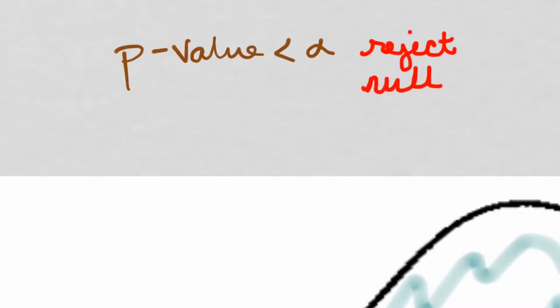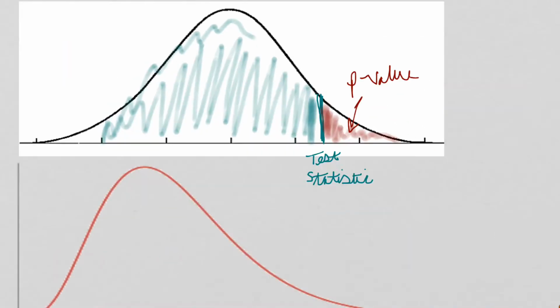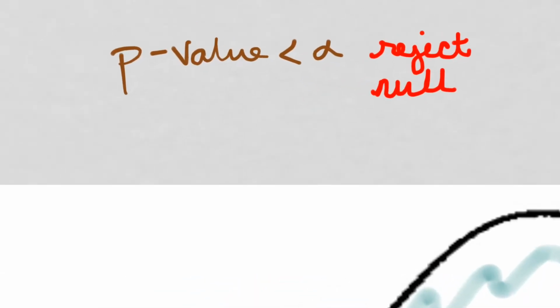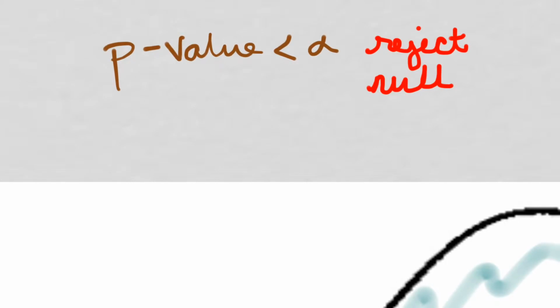Again, if our p-value is inside this problem area, that means it was extremely unlikely for that to occur, and yet it did occur. So since something very rare happened, that's cause for concern. So if our p-value is smaller than our alpha, we reject the null.